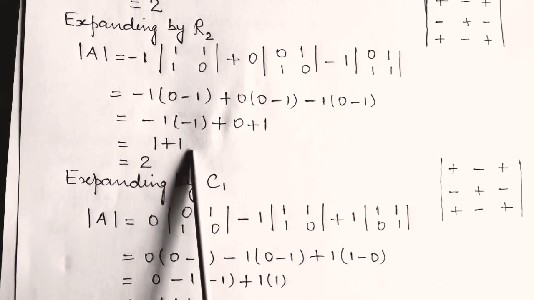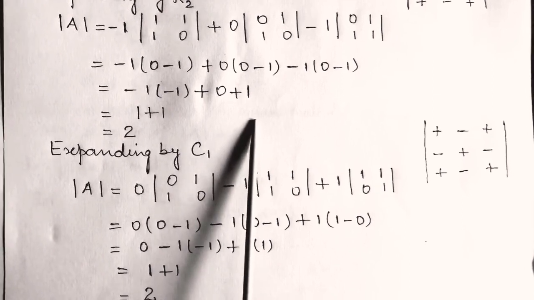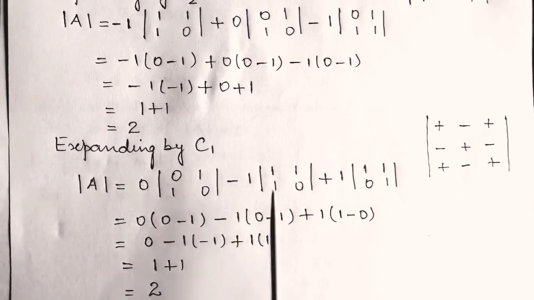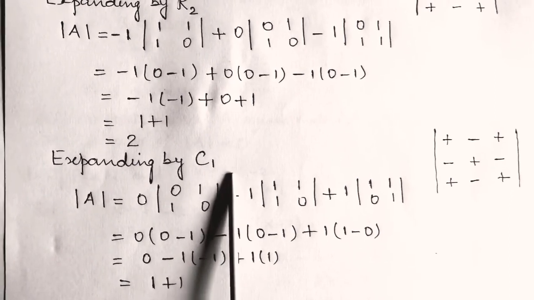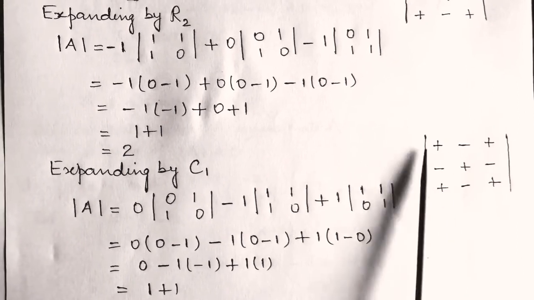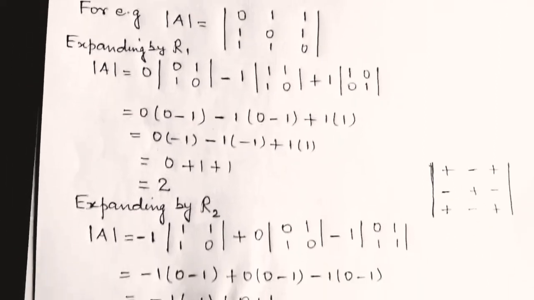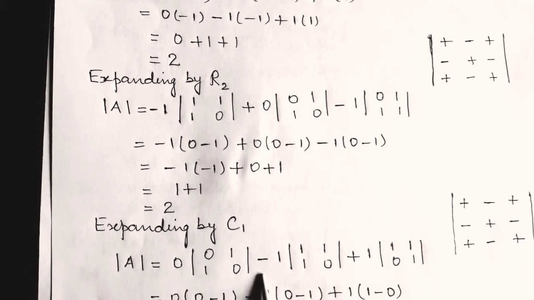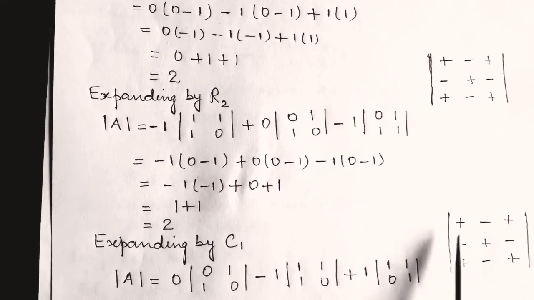That means we can find the value of a determinant by expanding it by either of the rows or either of the columns. I have given another example. I am expanding by C1, the first column. For the first column, we start with plus, then minus, plus. So the first element is 0 multiplied by its minor, which has 0, 1, 1, 0. Then the next sign is minus, I am talking about the column now.